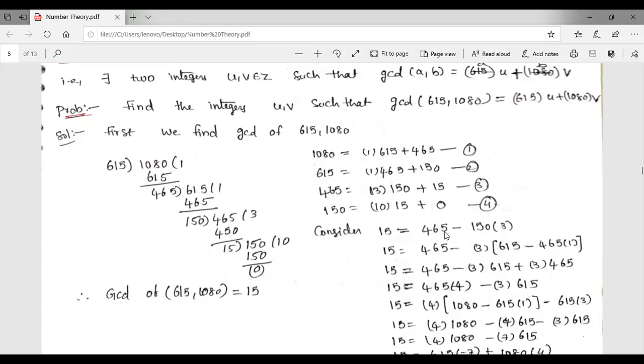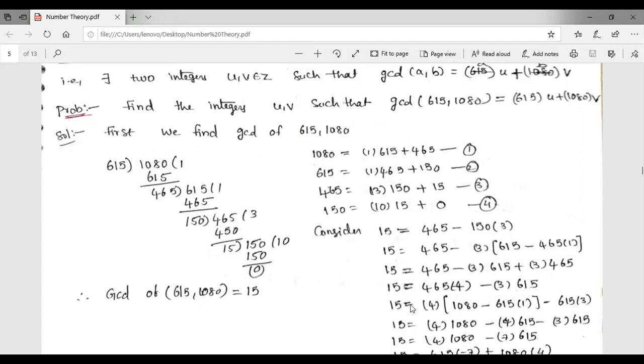So 15 is equal to 465 minus 3 into 615 minus 465, which is 465 plus 3 into 465 minus 3 into 615. So 465 into 4 minus 3 into 615.